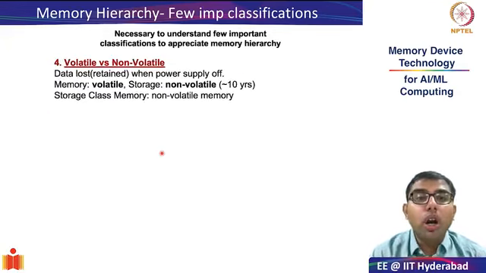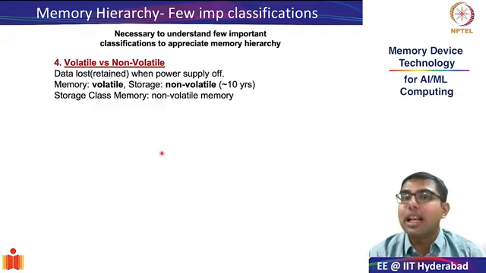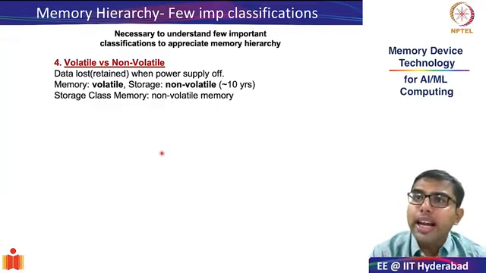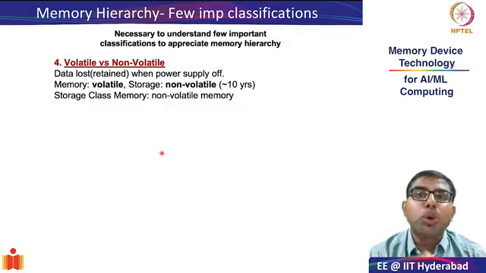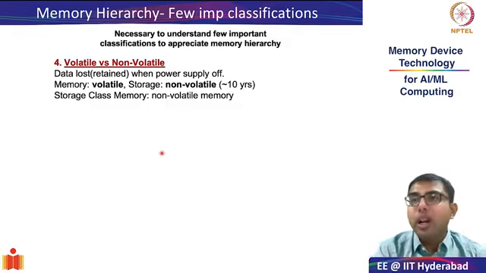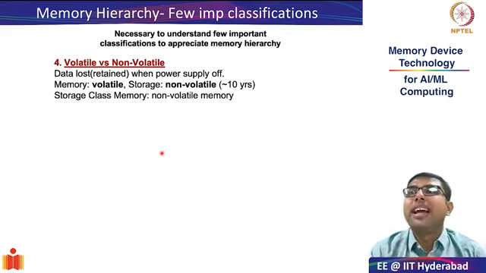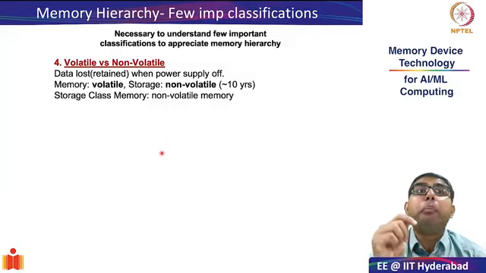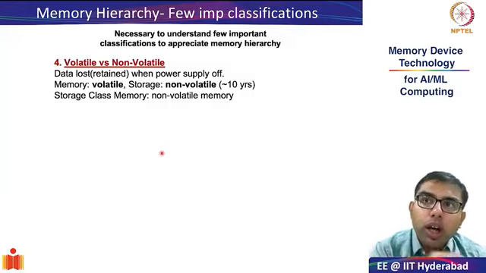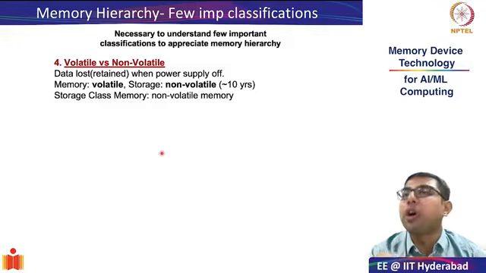Okay, so let's move on to the next important classification: volatile versus non-volatile. So what is the difference between volatile memory and non-volatile memory? The idea is, can you retain data or can you hold on to data when the power supply to the memory element is switched off?